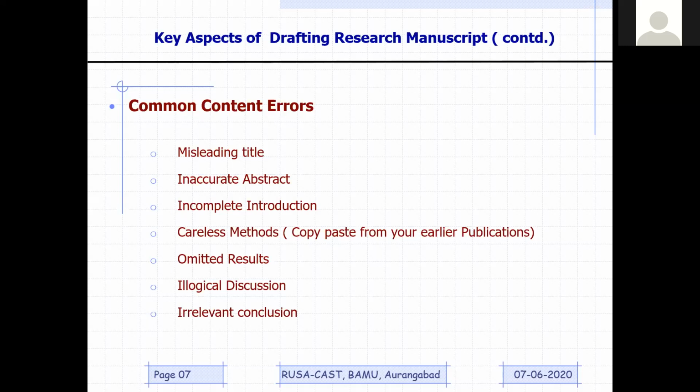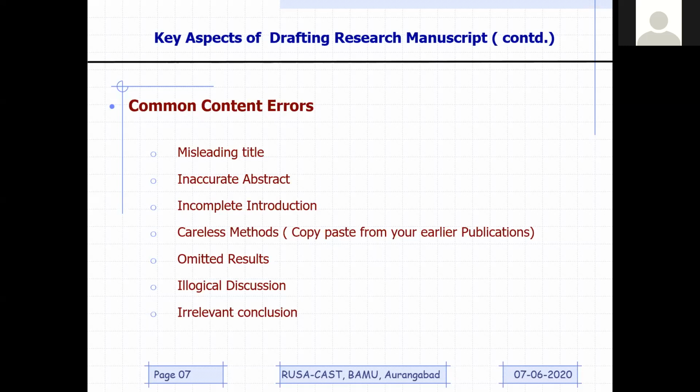irrelevant conclusion as well. These are the common content errors I'm talking about. Sometimes the result and discussion is altogether different. You're talking about enhancement in one parameter, and you have mentioned enhancement in something else in the conclusion.